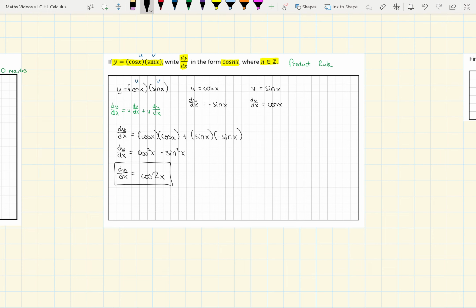And that's our second question answered. Again, 10 marks for this one also. So everything from here up to here is differentiation, and then at the end we just use log tables to rewrite.